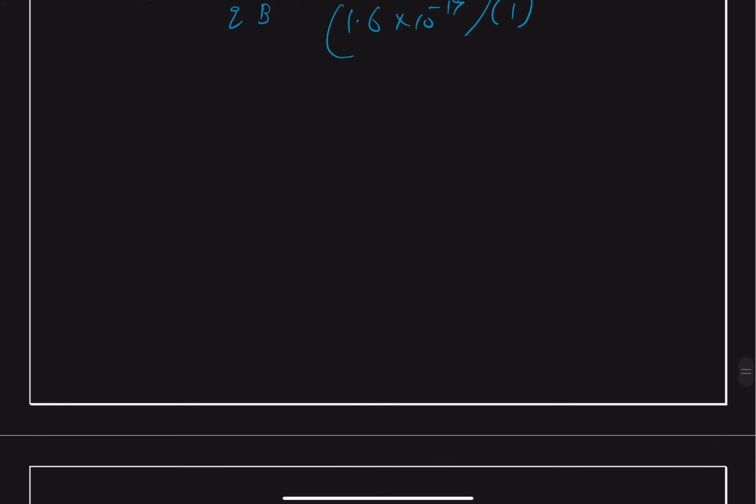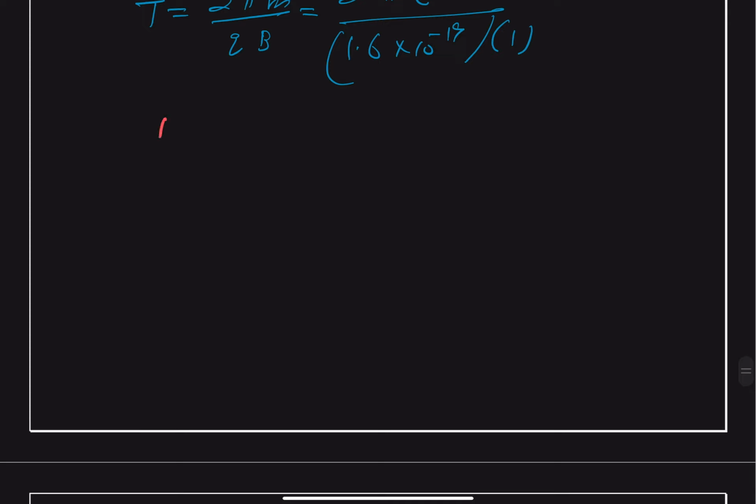So we get the time equal to 2 into 10 to the power minus 8 times pi.